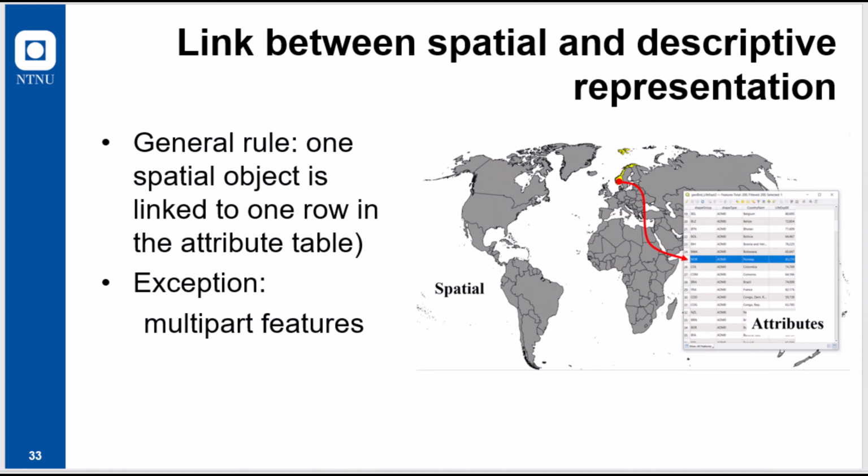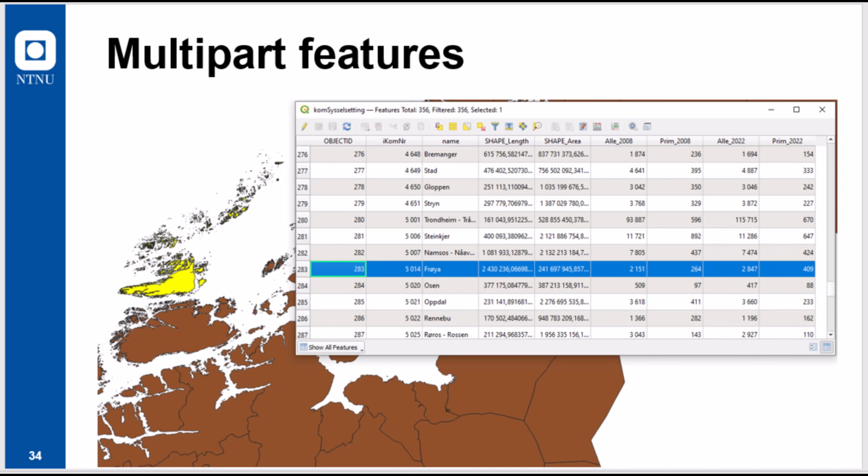The general rule here is that one spatial object is linked to one row in the attribute table. There is one exception for this, and that is multipart features. And multipart features is when we have several objects that are combined and connected to only one row in the attribute table.